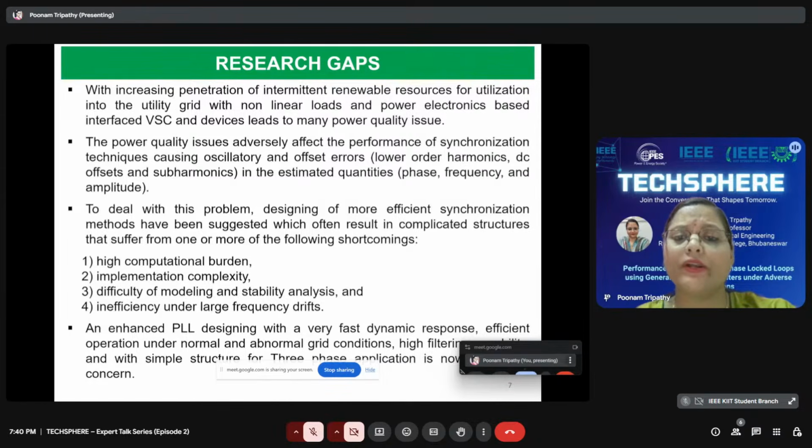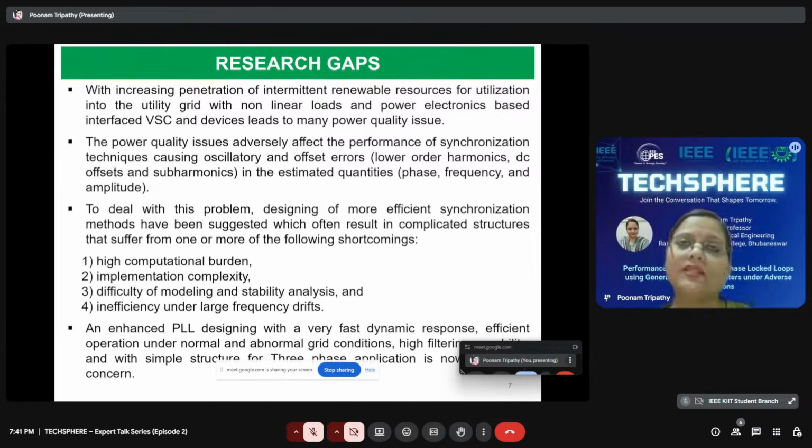It must overcome shortcomings like higher computational burden, implementation complexity, and difficulty in modeling and stability analysis, as well as inefficiency under larger frequency drifts, which means the frequency jump case.